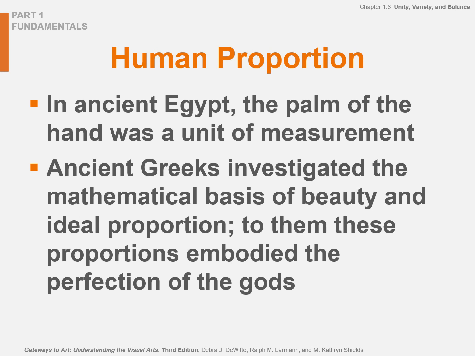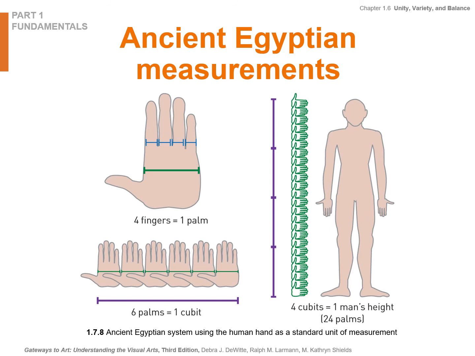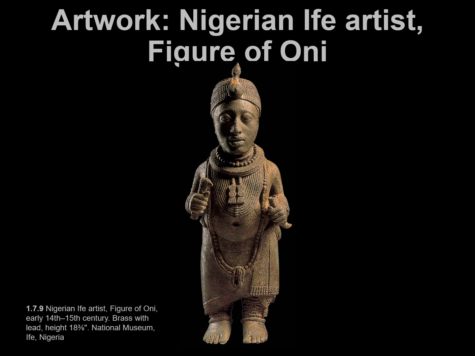Ancient Greeks investigated the mathematical basis of beauty and ideal proportion. To them, these proportions embodied the perfection of the gods. Now, proportions can often be deliberately skewed to, again, reinforce the supernatural or otherworldliness of a subject.